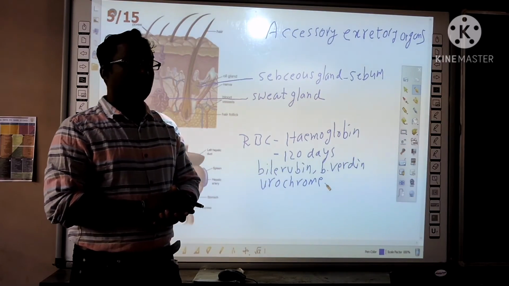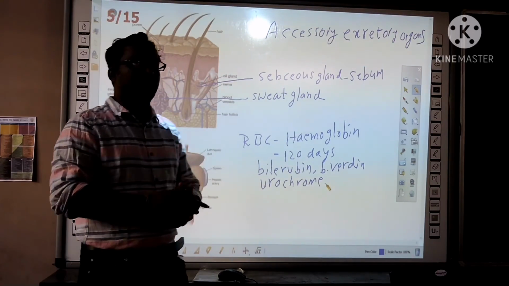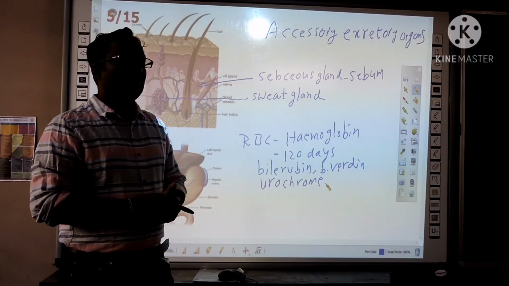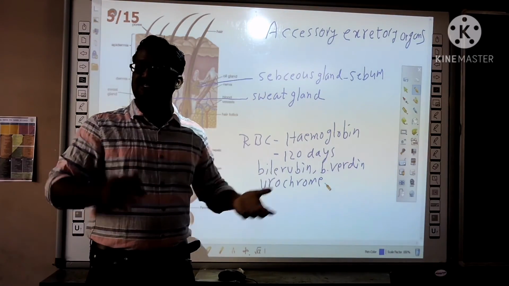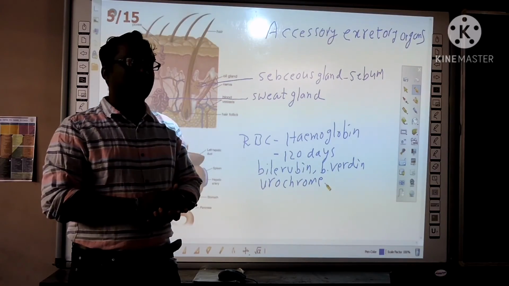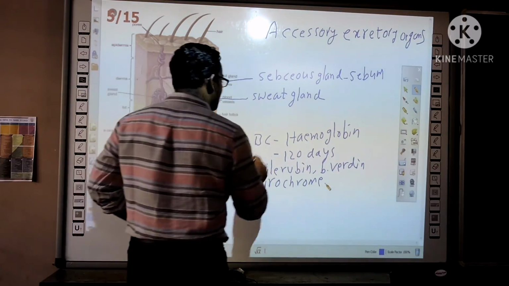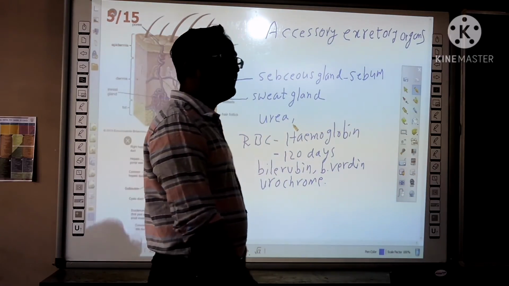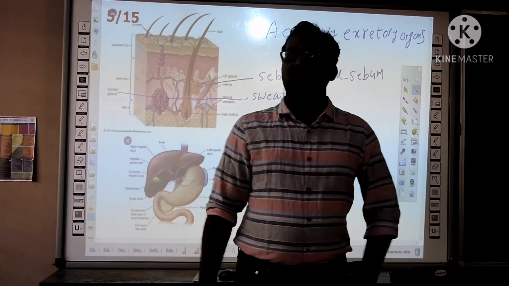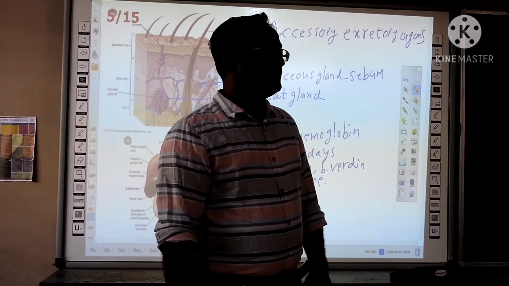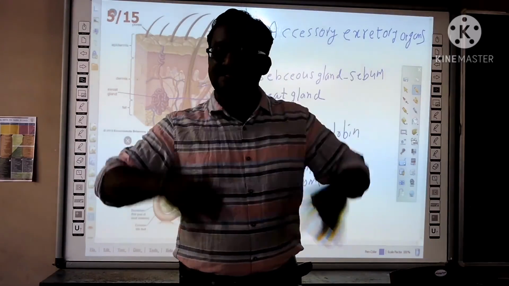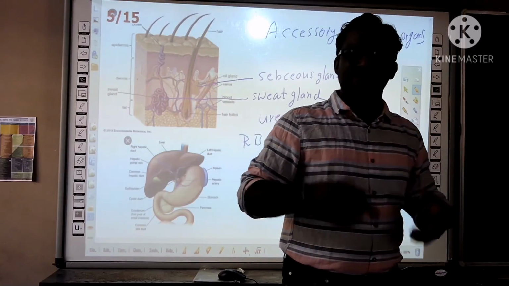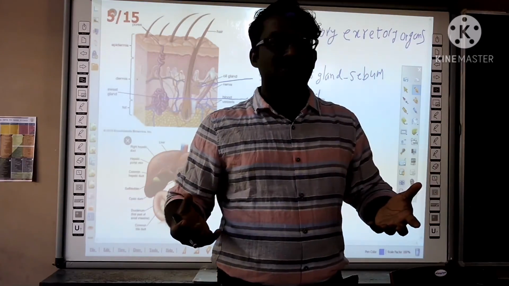So in the liver, other waste is also produced, because in the liver, amino acid destruction takes place, and in that, urea is produced. The liver is also involved in the detoxification process. Whenever you take any drugs, that means tablets, injections, and other medicines, some are poisonous.